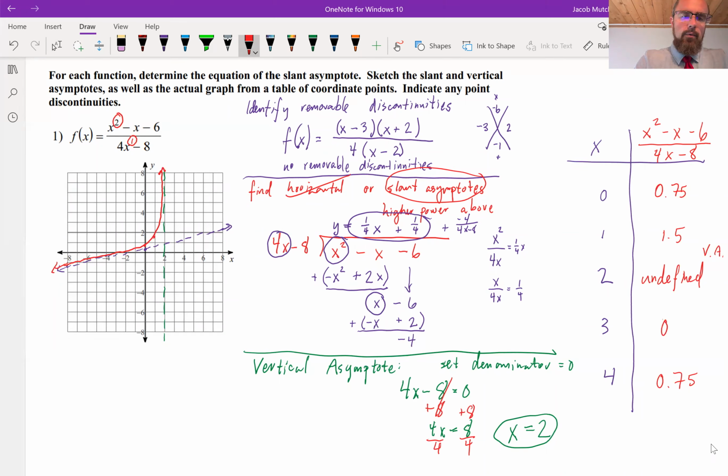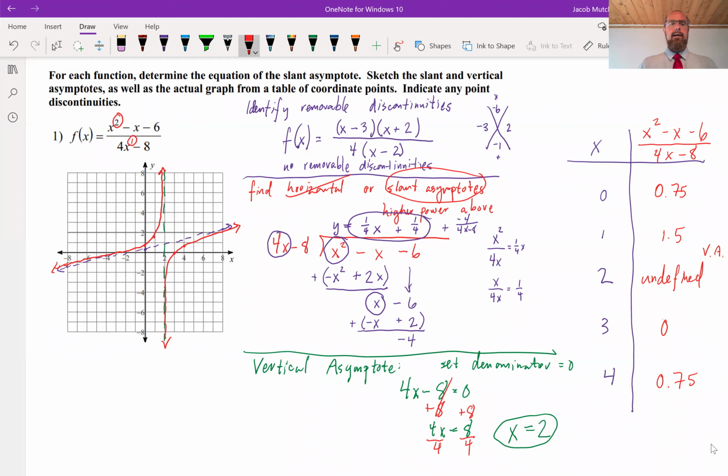So that had the x-intercept 3, 0, and then 4, 0.75. So the right piece is to the right of the vertical asymptote, and it's underneath the slant asymptote. Once I've got that in place, I've completed the task.